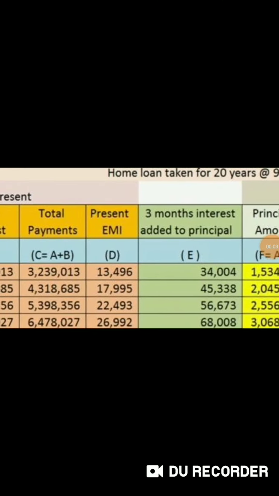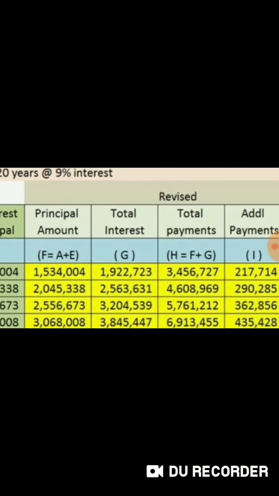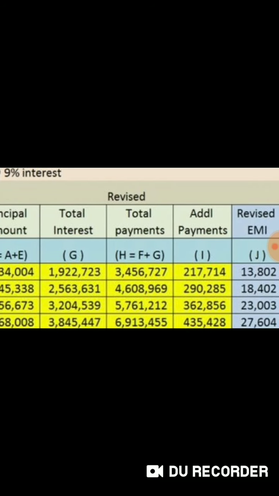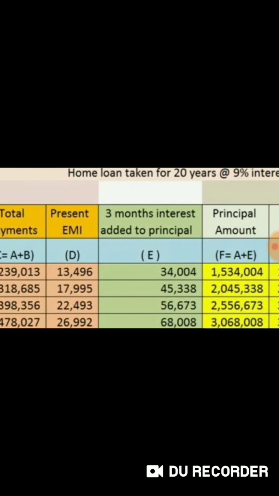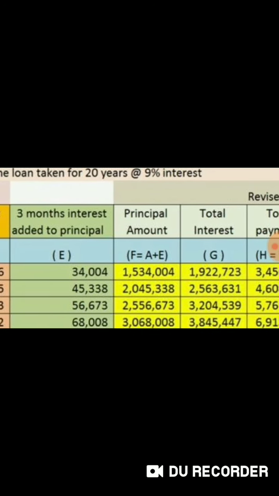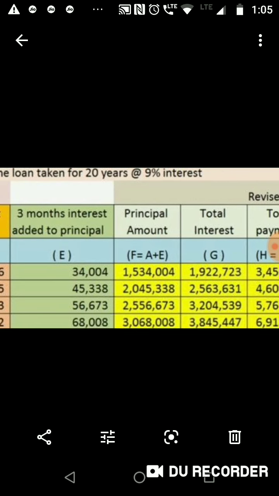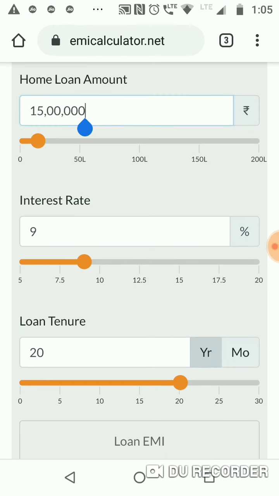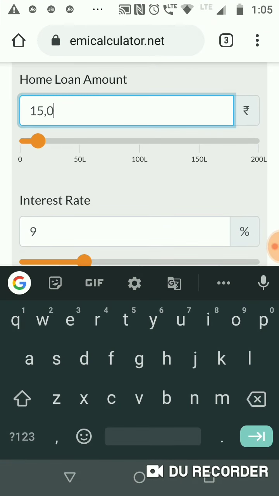The present EMI is 13,496 and the revised EMI is 13,802. Let's check the calculation by adding this principal amount in the EMI calculator. Now the principal amount is increased to 15 lakh 34,000.